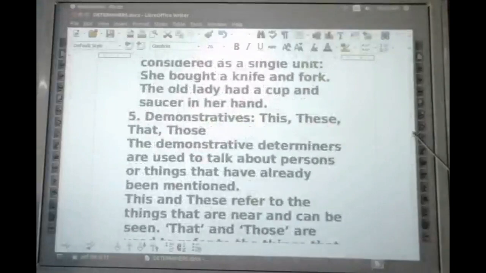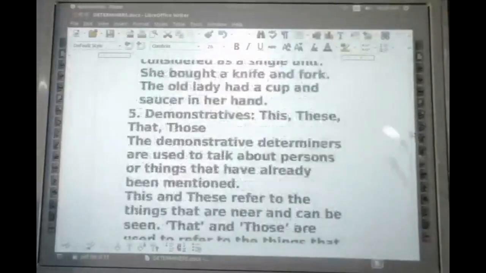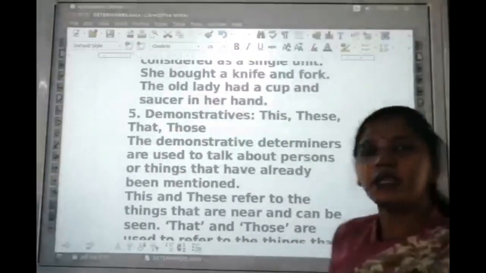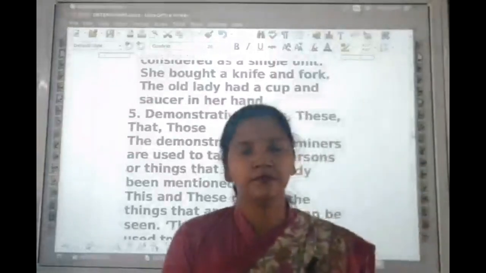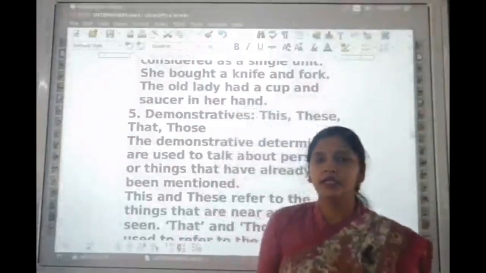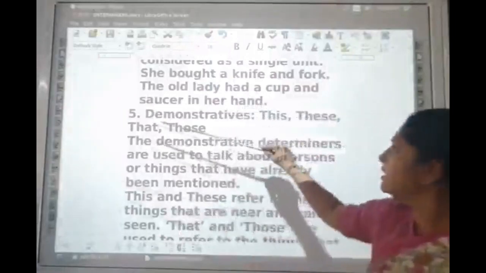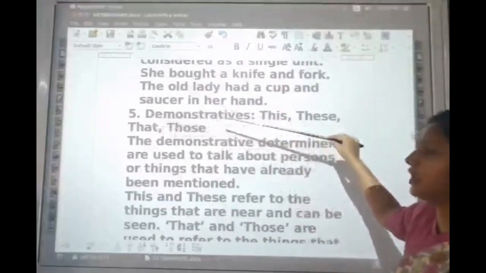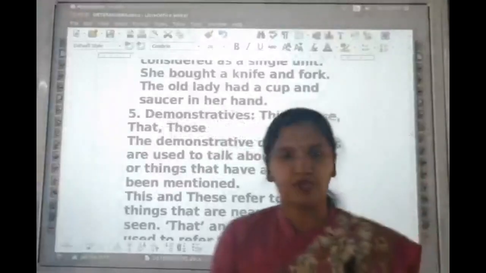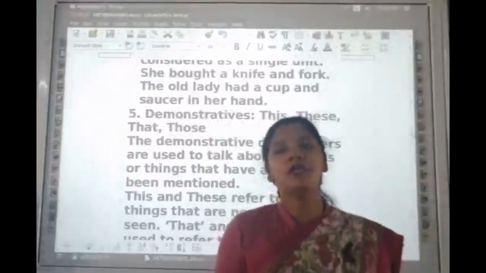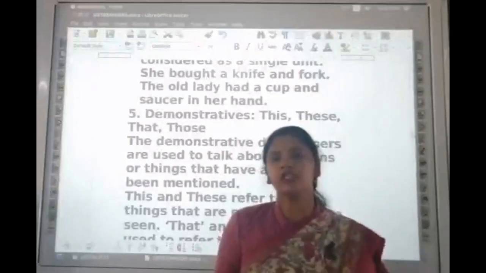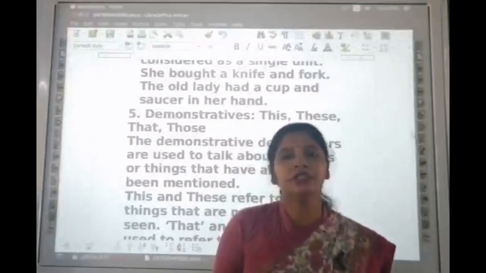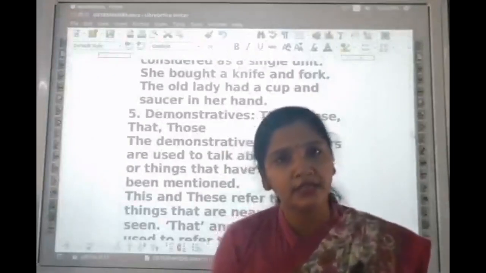Now we move towards the next determiner, and the next category is demonstrative. See the word demonstrative, it shows the action. When we are pointing out, we use demonstrative determiners.